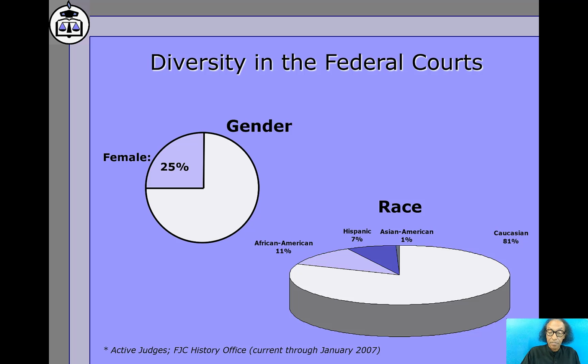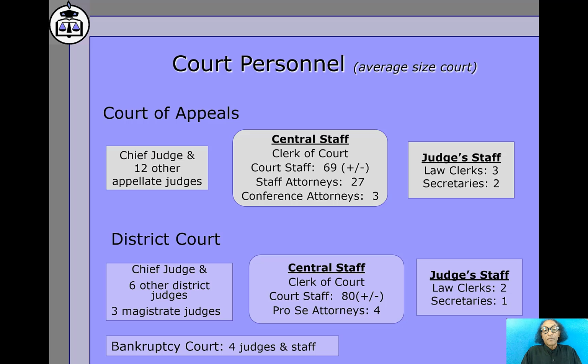Looking at court personnel, at the Court of Appeals, you have the Chief Judge and 12 other appellate judges with central staff. Court staff, about 69, staff attorneys of maybe 27. Each judge's staff includes 3 law clerks with secretaries, and the law clerks basically do all of the grunt work.